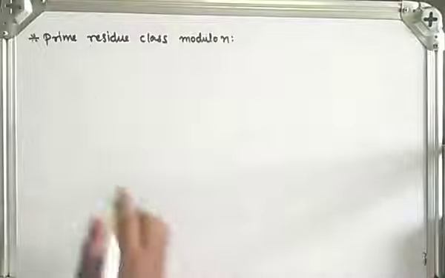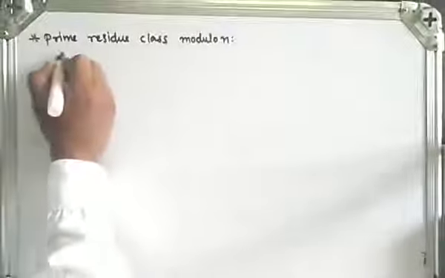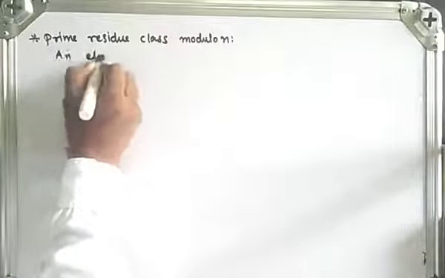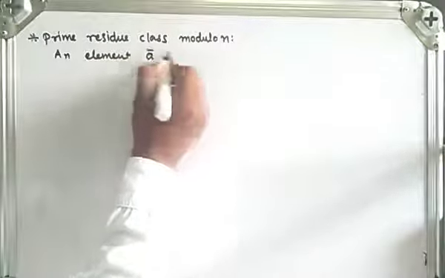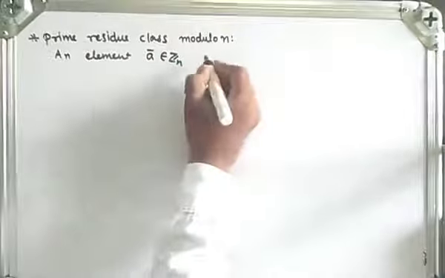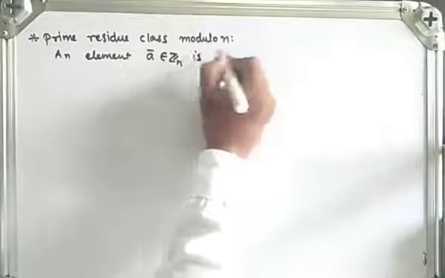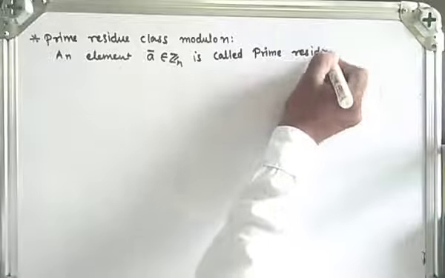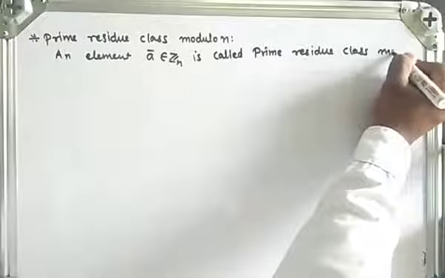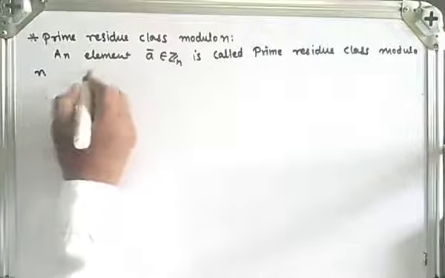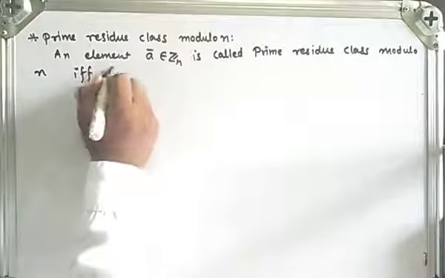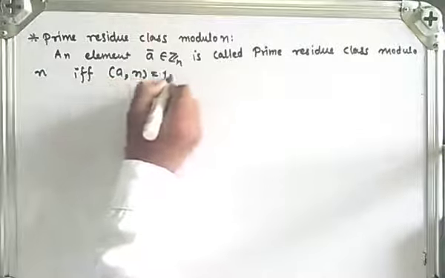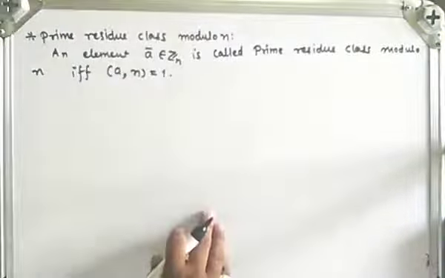Definition: an element a bar belongs to Zn is called a prime residue class modulo n if and only if GCD of a and n should be 1. So this is the definition for prime residue class modulo n.